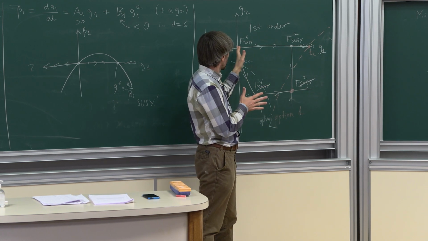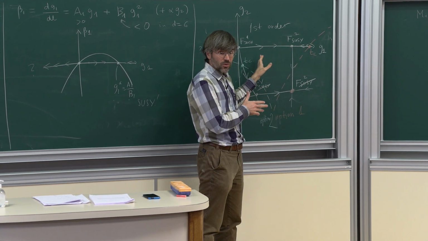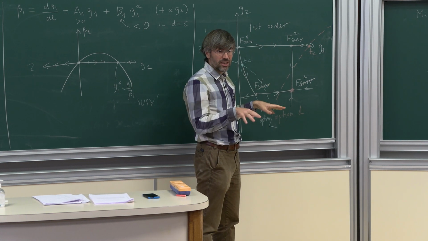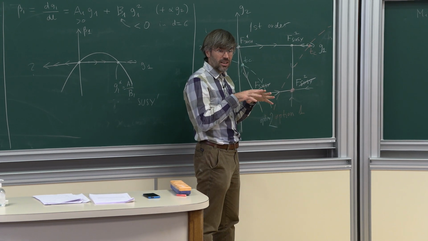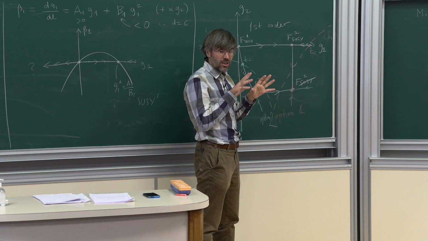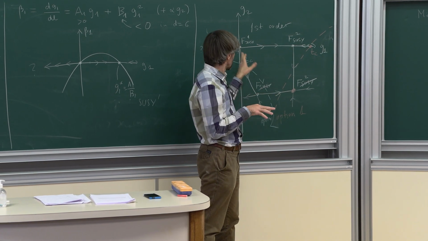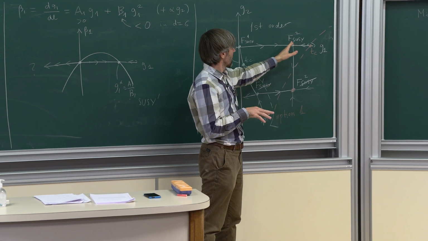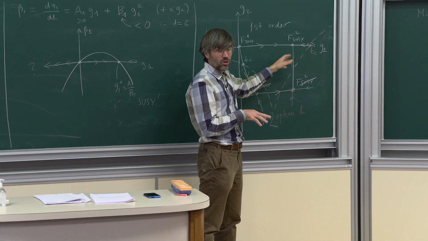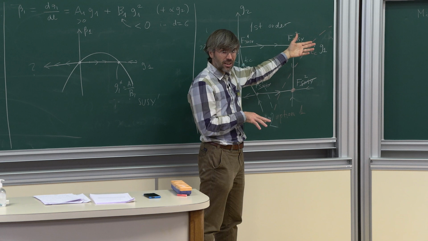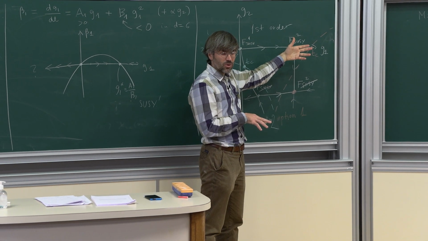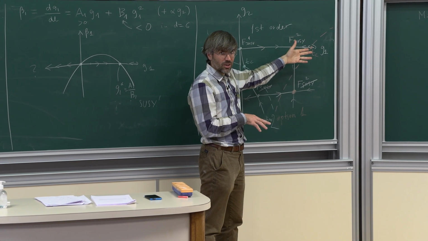In fact, the SUSY sector of these fixed points is completely identical. So the anomalous dimensions of SUSY operators are going to be equal at these two fixed points. These fixed points have a common subsector, and only the sector of SUSY null operators is different.